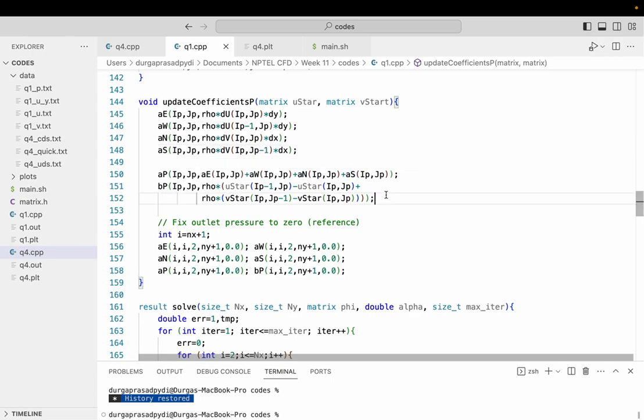So mass imbalance I am calculating here. Rho times U I minus 1 is your west, U east minus U west.